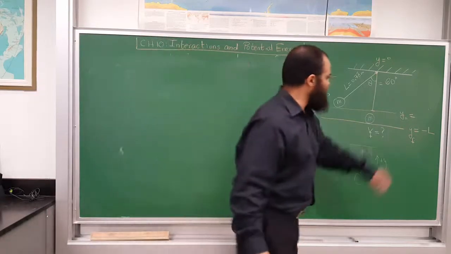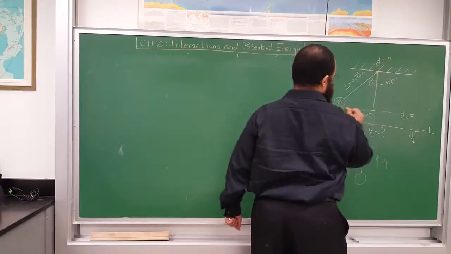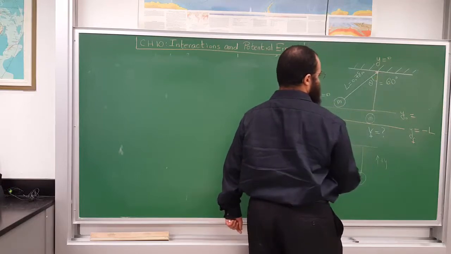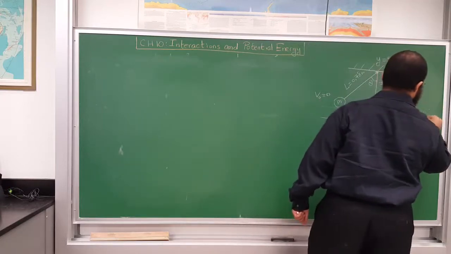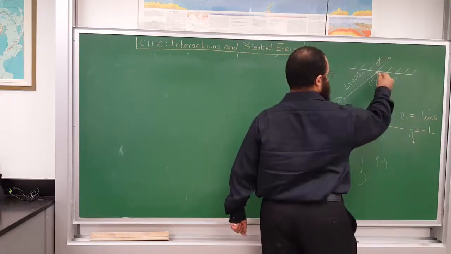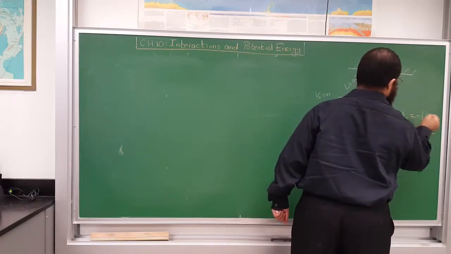So what would this be? Well, from here to here, it's adjacent to theta, so it would be L times the cosine of theta. Think of this triangle here. So this is L cosine theta, but it's below, so I have a minus sign there.